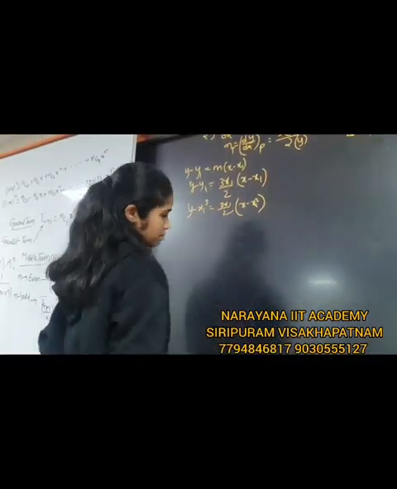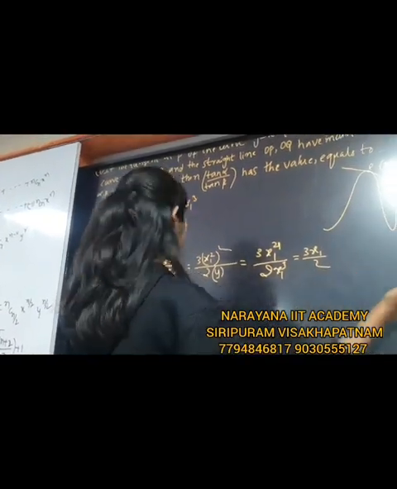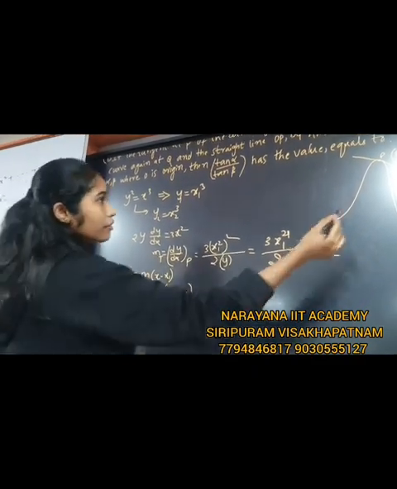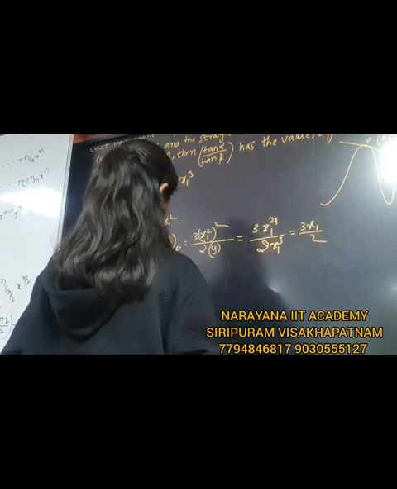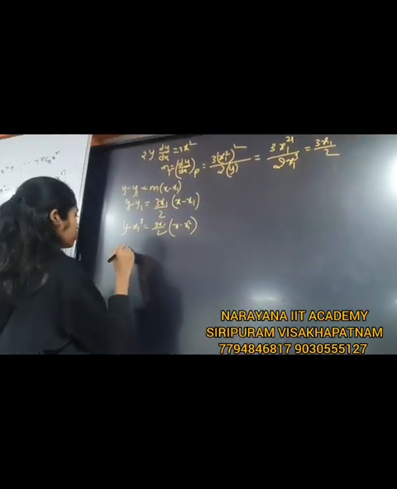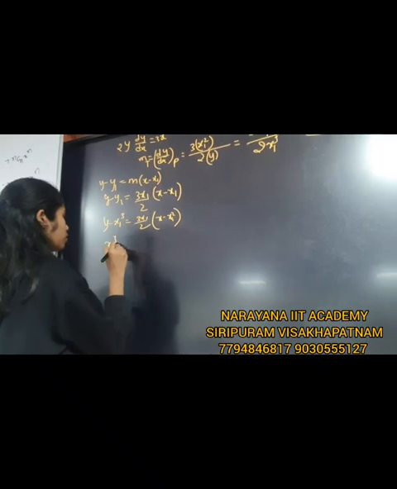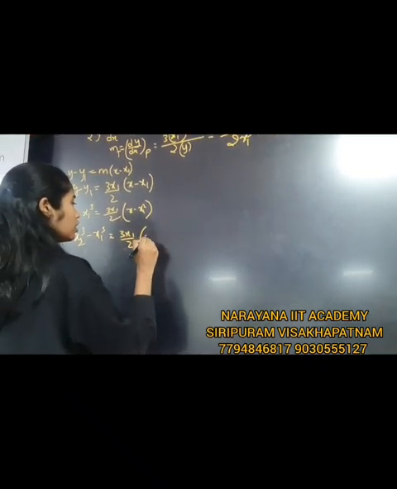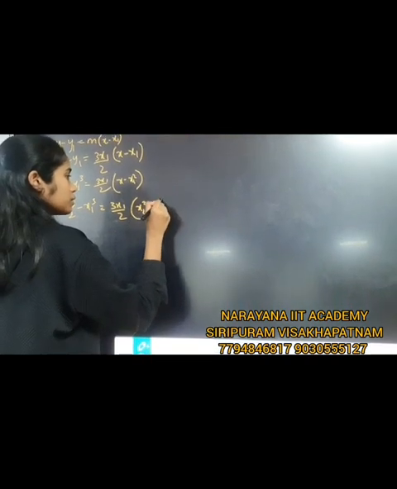Since the curve is here, the tangent is also intersecting at Q. You can keep the coordinates x and y from here. This equation will be x2 cube minus x1 cube equals 3x1 by 2 into x2 square minus x1 square.